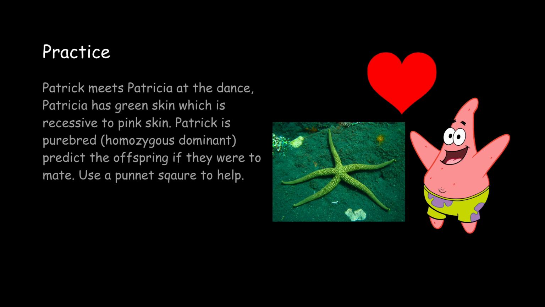Anyways, Patrick meets Patrika at the dance. Patrika has green skin, which is recessive to pink skin, meaning that the pink skin, if present in the allele, will always outclass the green allele. Patrick is purebred, which means homozygous dominant, so he's going to have two dominant alleles in his genotype.